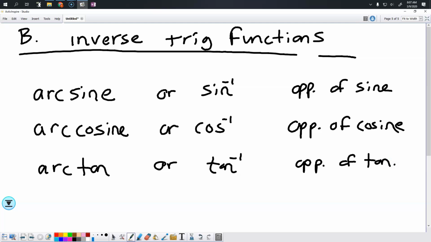Now I want you guys to not get these ideas mixed up. I said it's the opposite of sine. I guess a more formal word, but with more letters, so I didn't want to write it, is the inverse of sine. Okay? Now, that's different than the reciprocal of sine. What is the reciprocal of sine called? Anybody remember that one?